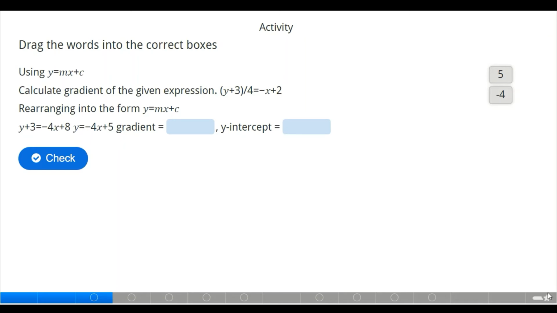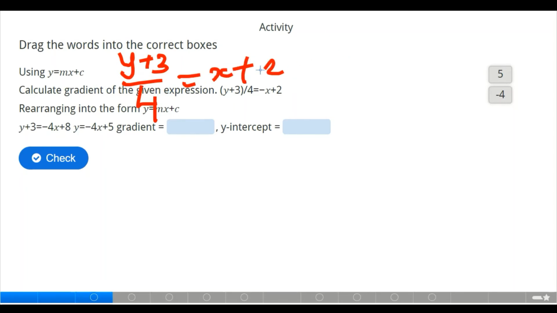So we have to arrange this in line with the gradient form of an equation, which is y equals mx plus c. If you look at this equation, we want this expression to take the form y equals mx plus c.